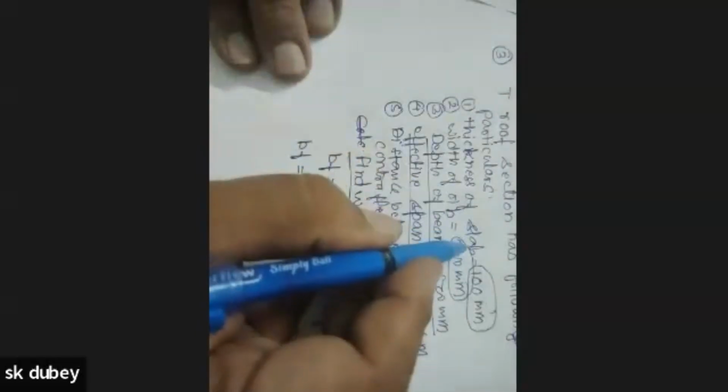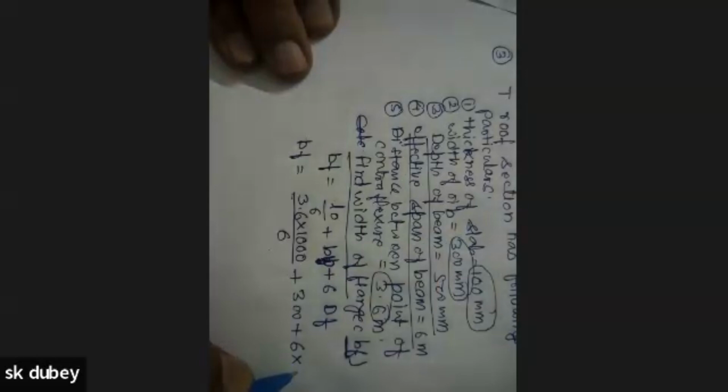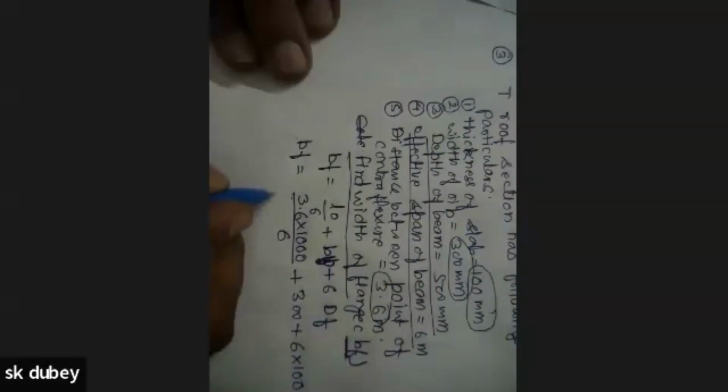It is 300, plus 6 times depth of flange, which is nothing but depth of slab, multiplied by 100. So it is 600. Finally it is 1500 mm. This will be the answer. Sometimes they ask like that without giving any option, and we have to find out the answer.